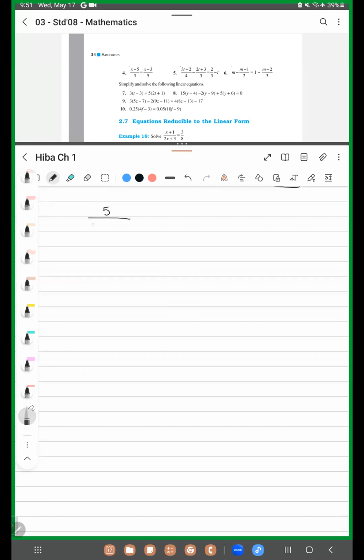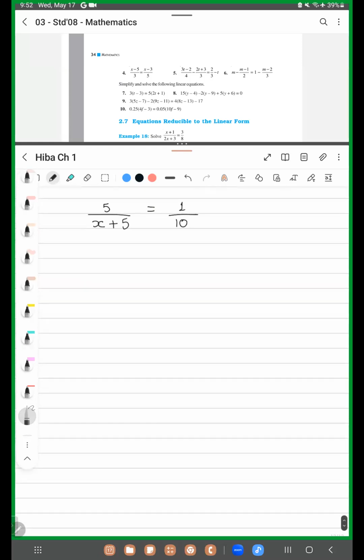5 by x plus 5 equals 1 by 10. Now what do you think we should do here? We will bring x plus 5 to the other side.